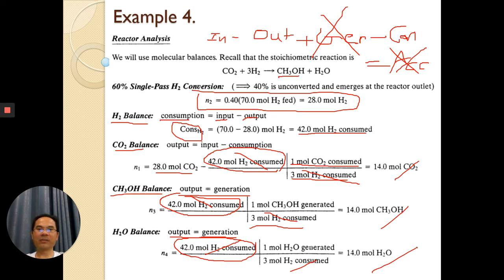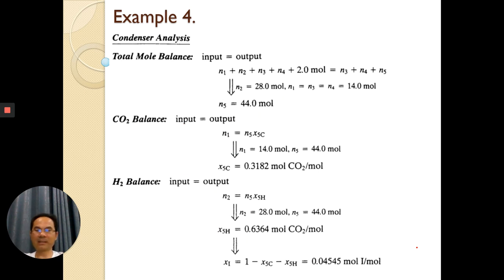From the balance on the reactor, you know N2, N1, N3, and N4. Then you solve for the condenser. If you balance on total mole, input equals output. There is no generation, no consumption, and no accumulation for the total mole balance, and it is the same as the atomic balance.